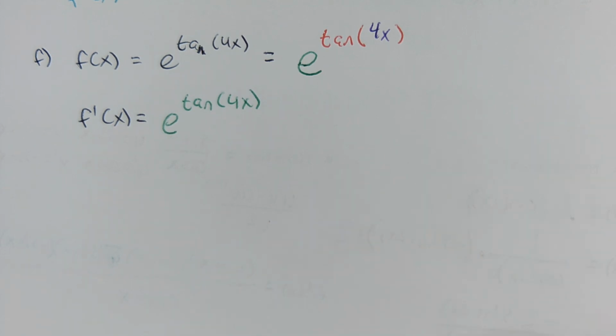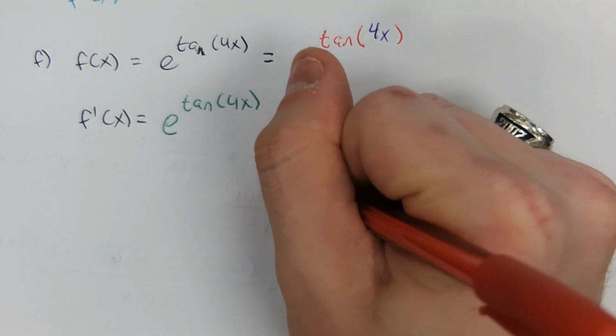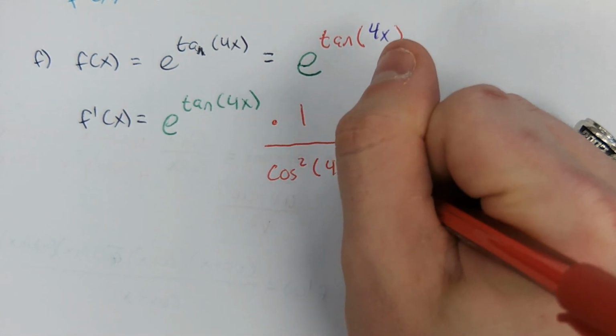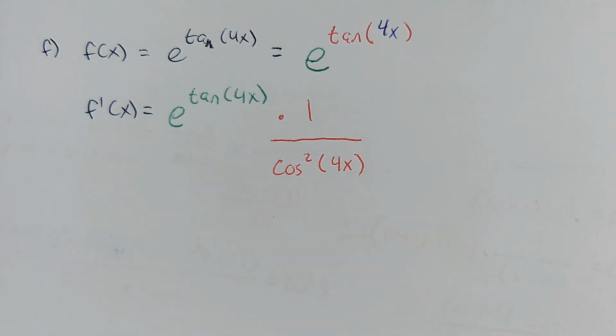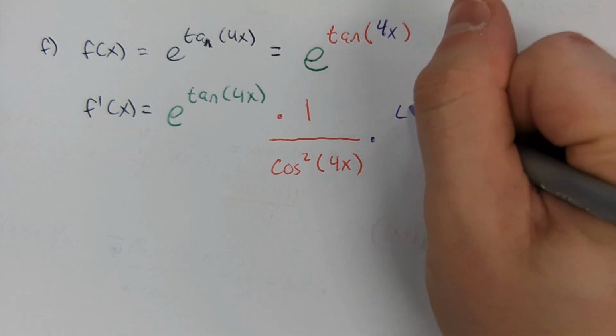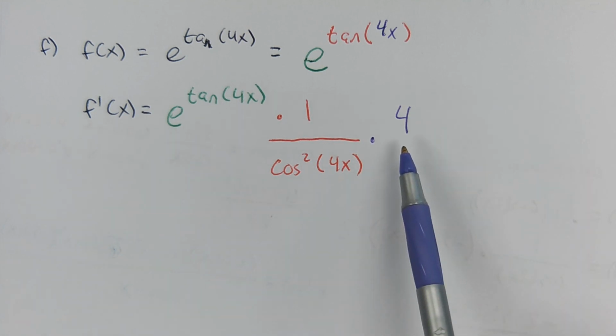The derivative of the red thing, derivative of tangent, is 1 over cosine squared. Yes, the derivative of tangent being 1 over cosine squared is in the reference sheet. But this itself has its own derivative, but it won't be on the bottom. The derivative of the purple stuff is just 4. Like that. So the E thing is the top of a fraction, and the 4 is the top of a fraction.